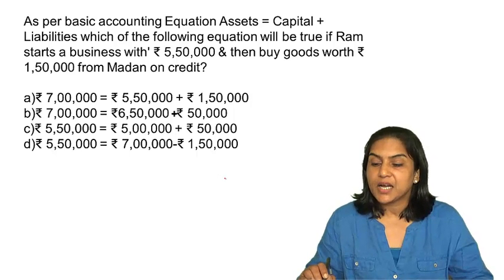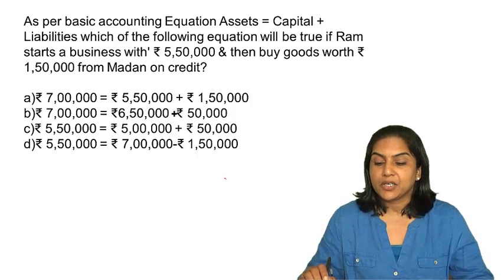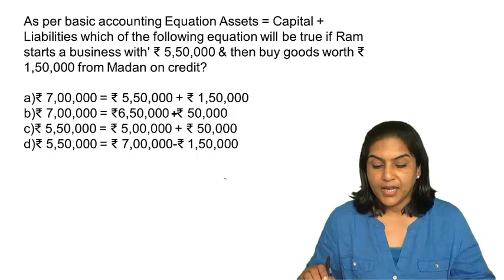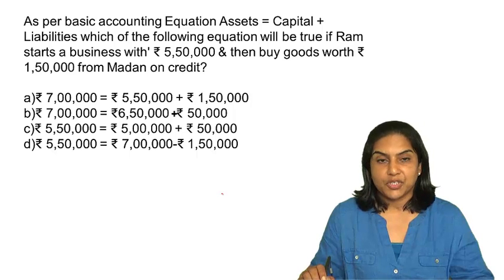Next. As per the basic accounting equation, assets equal to capital plus liability, which of the following equation will be true if Ram starts a business with 5,50,000 and then buys goods worth rupees 1,50,000 from Madan on credit? A. 7 lakh assets is equal to 5,50,000 capital and 1,50,000 liability.